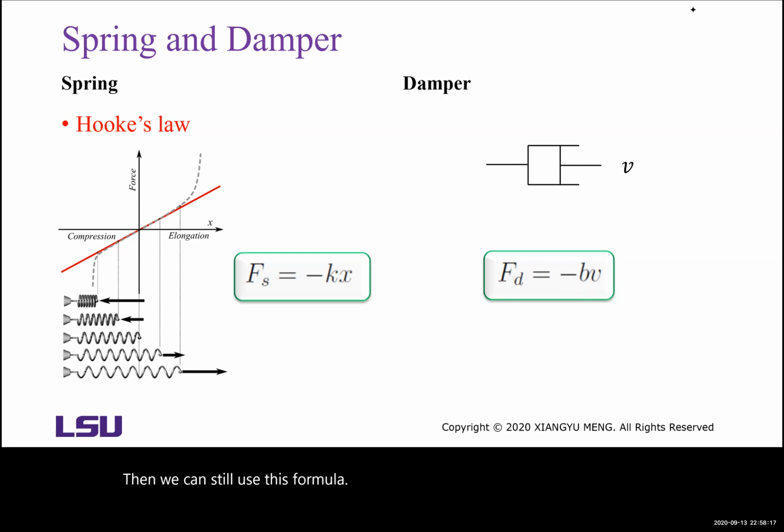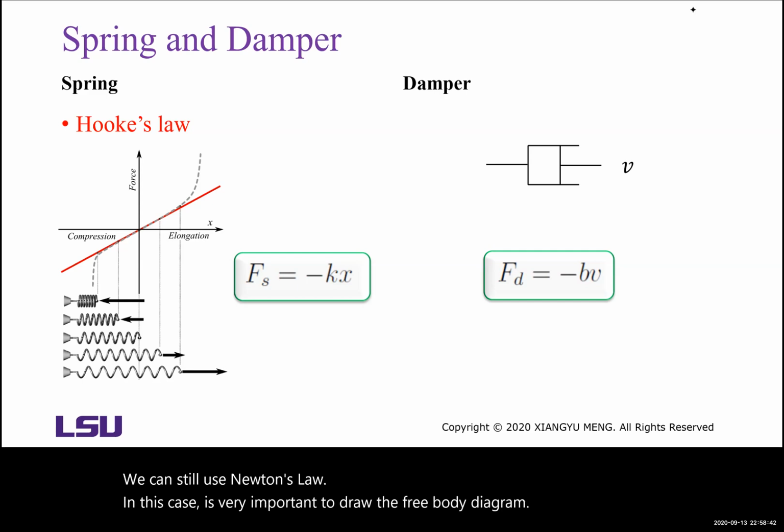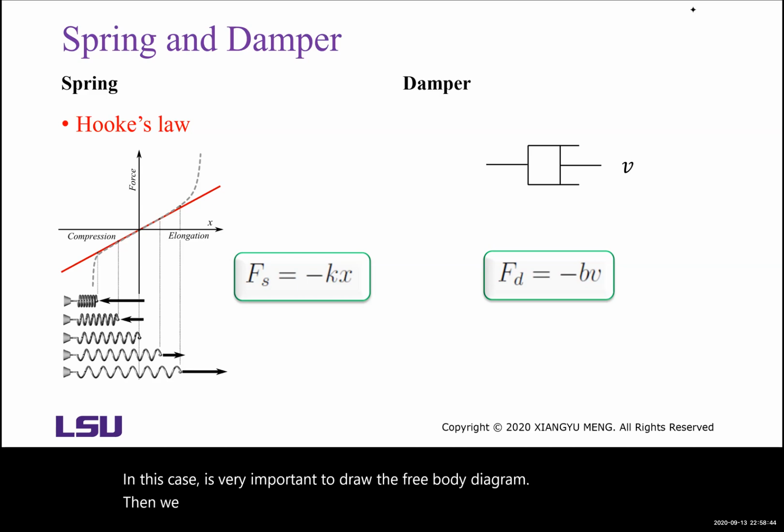When we try to analyze the motion of multiple objects when they are connected, we can still use Newton's law. In this case, it's very important to draw the free body diagram. Then we can analyze the external forces and internal forces.